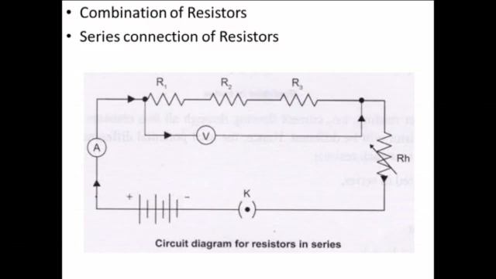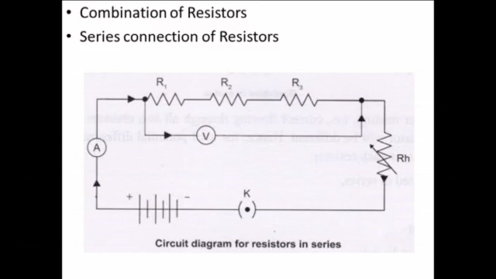From this, we say that the equivalent resistance R can be obtained by the summation of all the resistors connected in series. Some important points about series connection. In this type of connection, the current flowing through each resistance is the same.